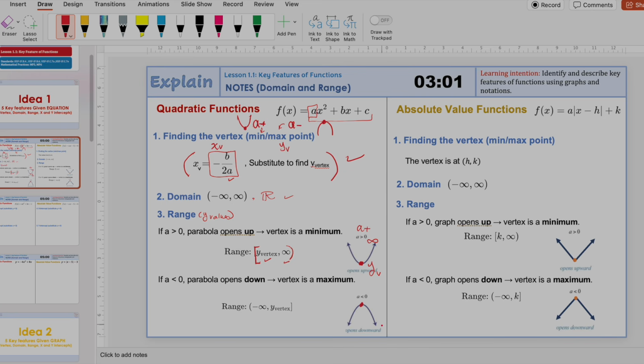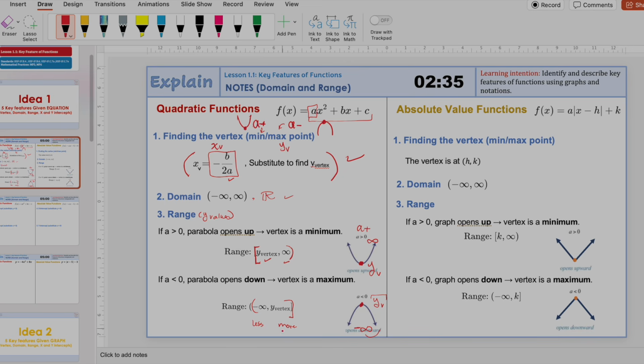If it was open downward, it's going to be from negative infinity to the y of the vertex. This is open, this is closed. Make sure it's from the less, which is the negative infinity, to more. Don't write from y of the vertex to negative infinity, because negative infinity is less.